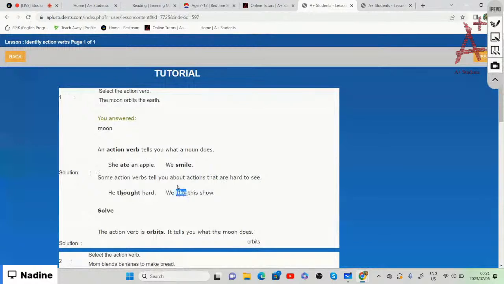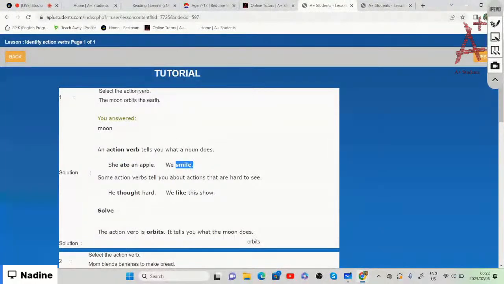We only see the liking based on the action that we perform afterwards, like smiling or saying that we like the show. But liking and thoughts are not things that you can see, and that is mental, right? She ate an apple. That is something that she did. She ate, chewed on it, finished it, smiled. We can see the smile on her face.